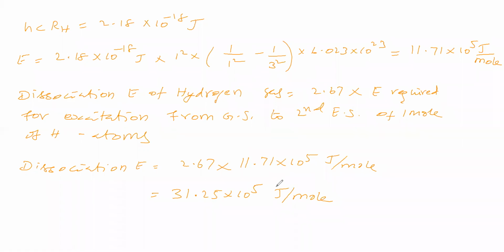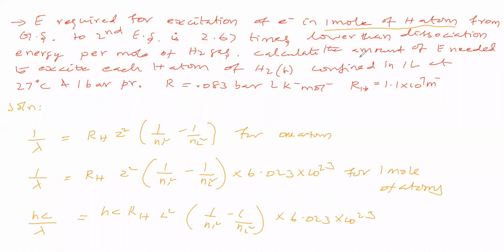Now what they are asking us to find, that we will see. Calculate the amount of energy needed to excite each hydrogen atom of H2 gas confined in 1 liter at 27 degrees Celsius and 1 bar.